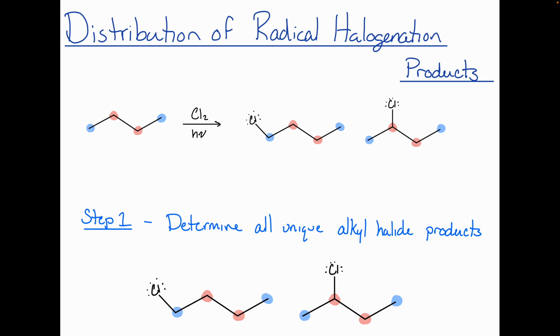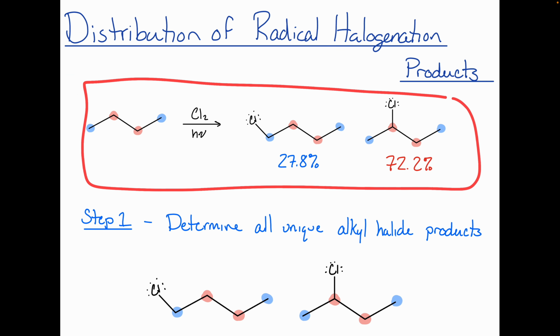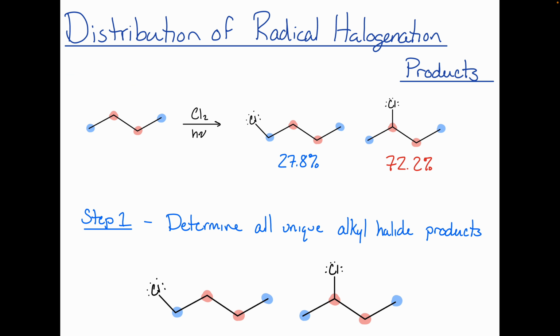Not only what are my products, but also what is this percent distribution? 27.8% of that 1-chlorobutane, 72.2% of that 2-chlorobutane, right? That's what we mean by the distribution of our radical halogenation products.